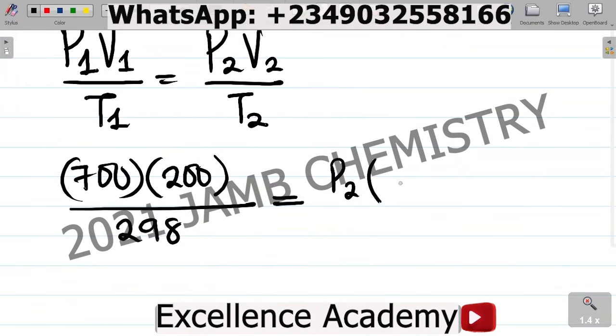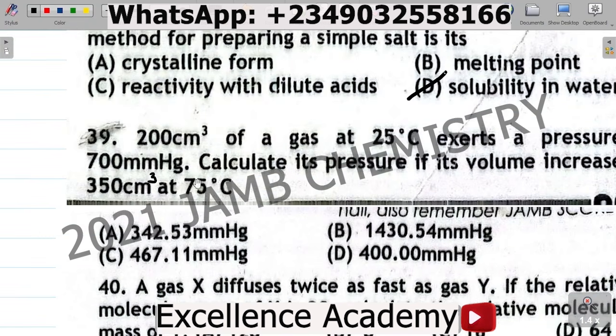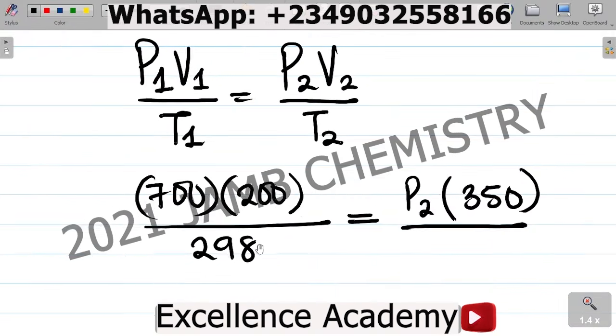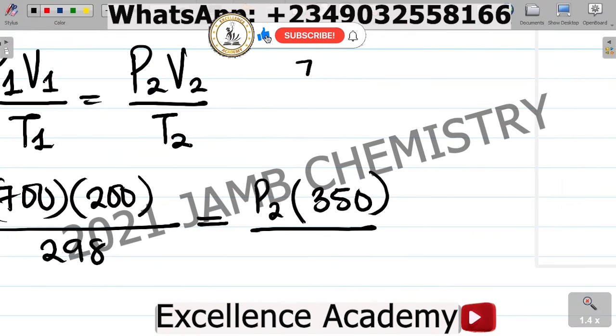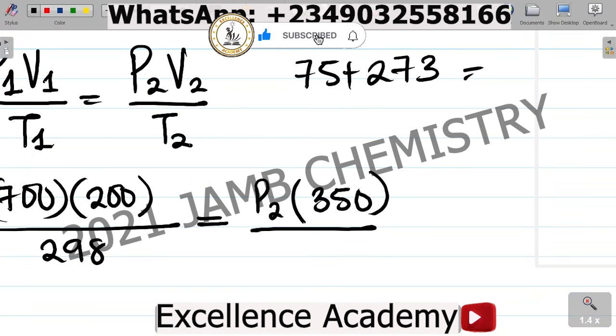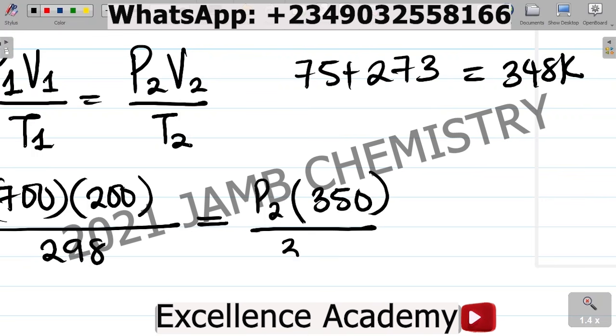So I have 350. That's V2 all over T2. T2 is 75 degrees Celsius. Convert to Kelvin. It becomes 75 plus 273. If you add this up, that becomes 348 Kelvin. So T2 is 348.